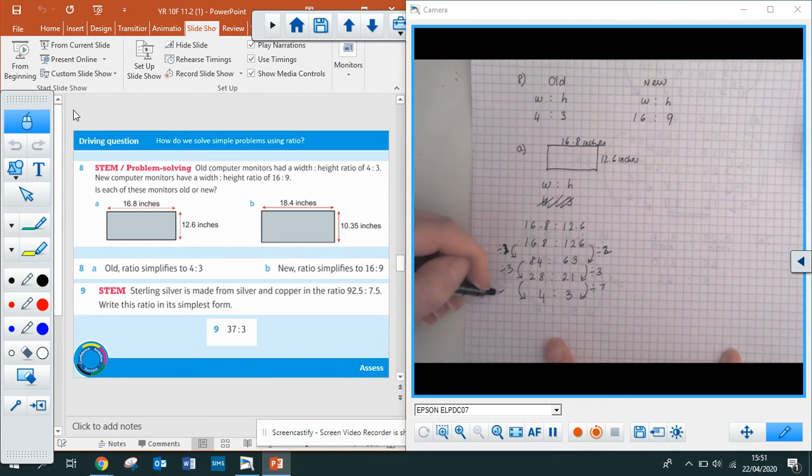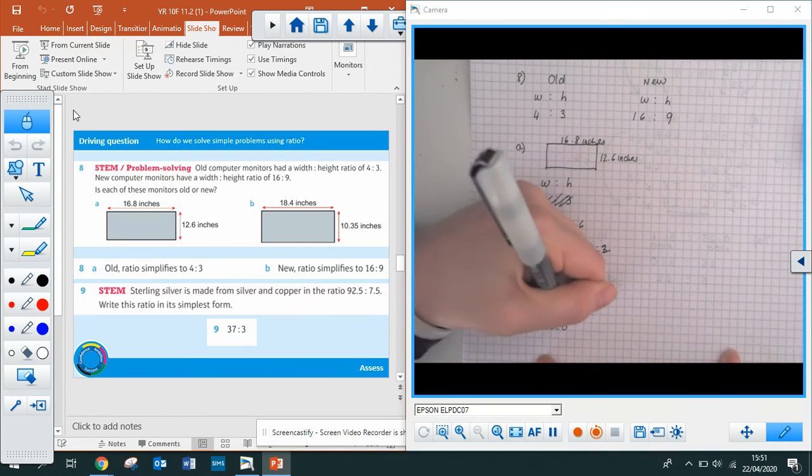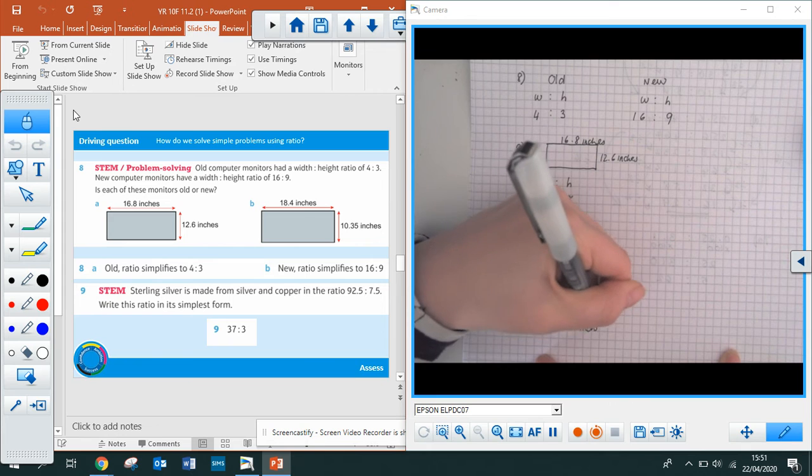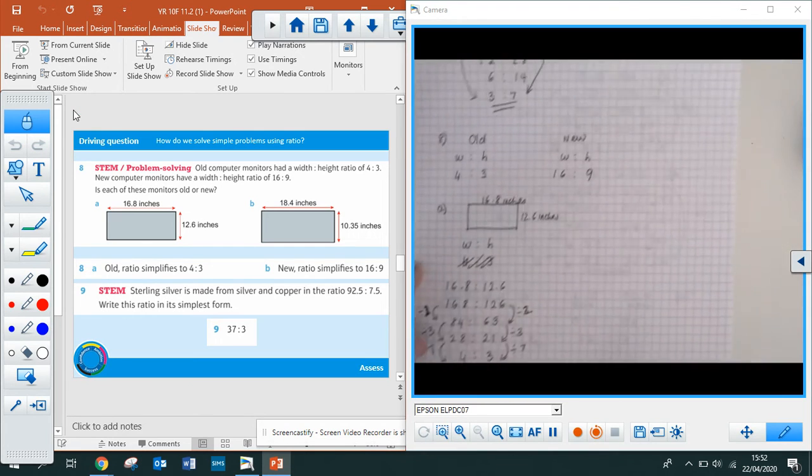And that brings me to the ratio for the old computer monitors. Okay, so therefore, remember those 3 dots mean therefore, it is an old monitor. Okay, that's because it's simplified back to the ratio that was for the old monitors. Let's try it with B.